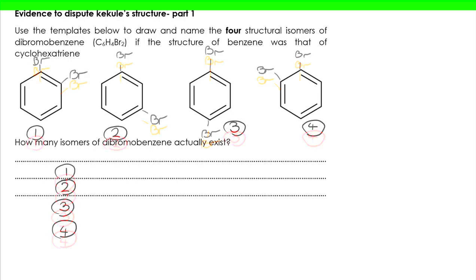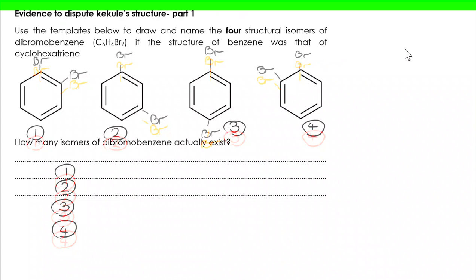Well, I've put the Brs on so we can see them. Some of these might look quite similar, but note carefully, in this one, they're 2 apart. In this one, they're 3 apart. In number 1 and number 4, they're 1 apart, but here they span a double bond, and here they span a single bond. So let's get to the naming.